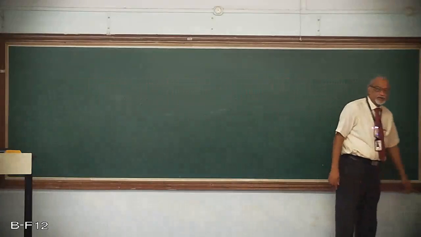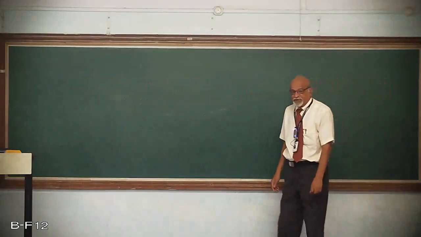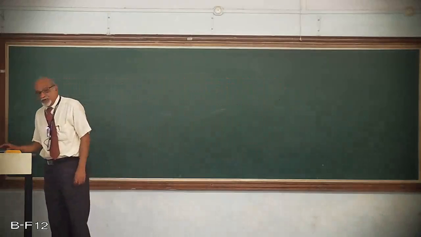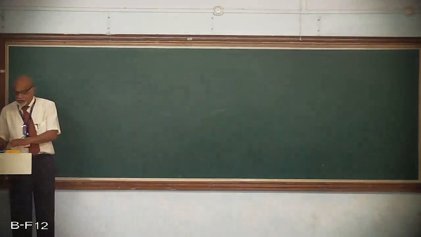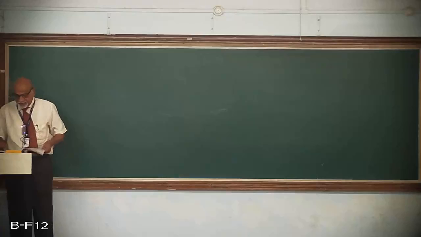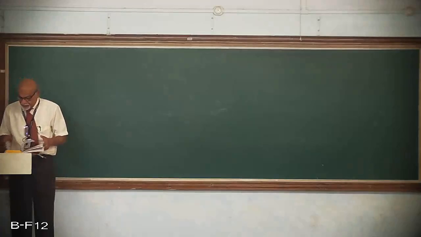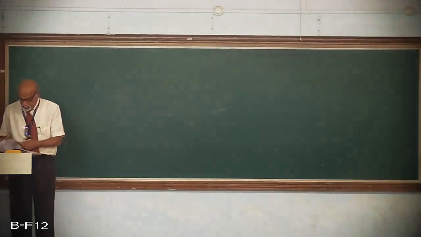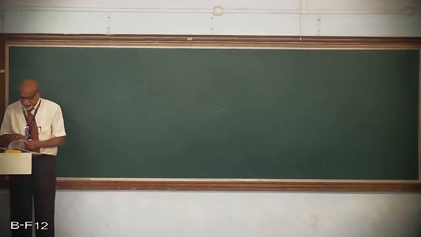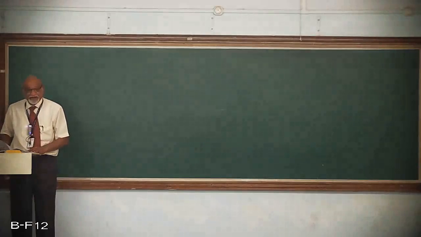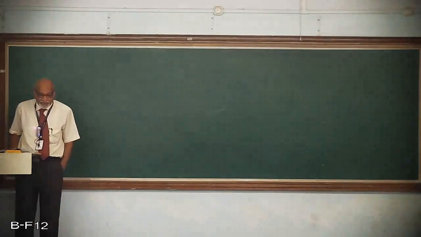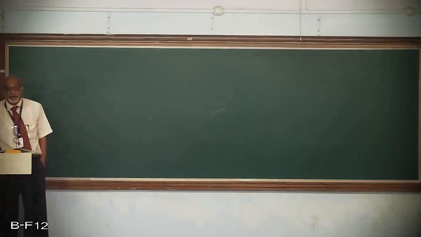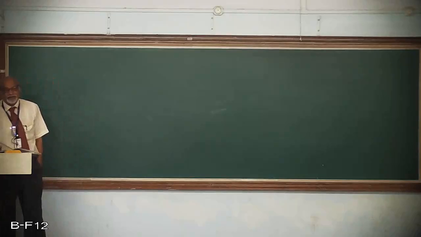So we are discussing the acceptance sampling plan from the previous class. We have seen what is meant by acceptance sampling, the advantages of sampling inspection, what is 100% inspection, and the limitations of sampling inspection.